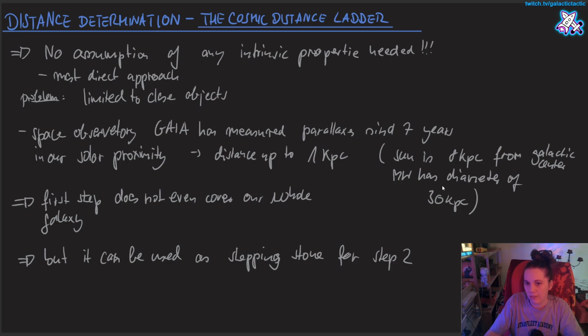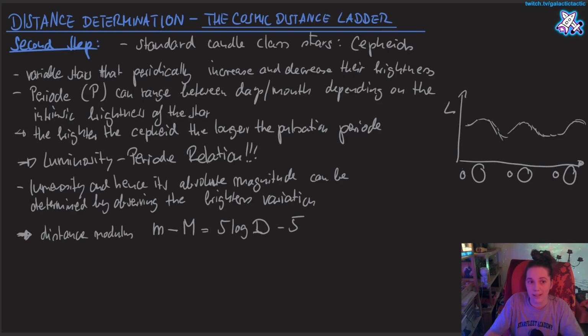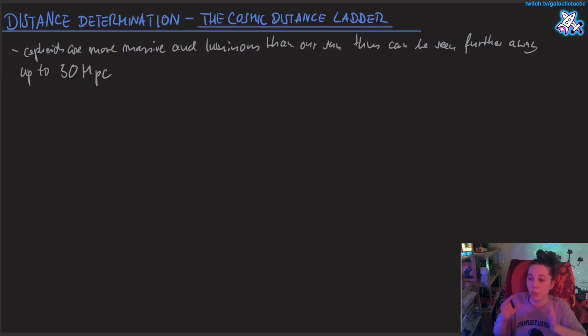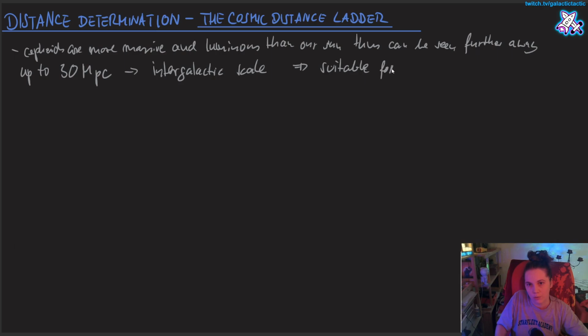The diameter of the Milky Way, we said, is 30 kiloparsecs. So basically we can see outside of our own galaxy, yeah? So this is intergalactic scale already. Now we can use the second step to go even farther out, even to the intergalactic scale. So this is suitable for the local universe.